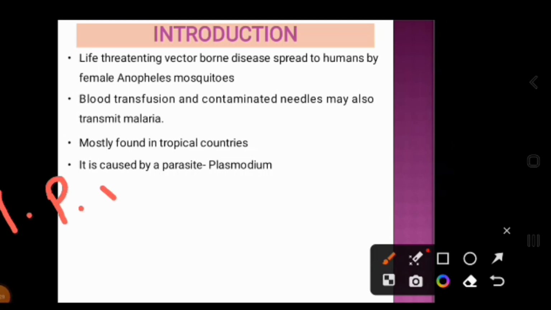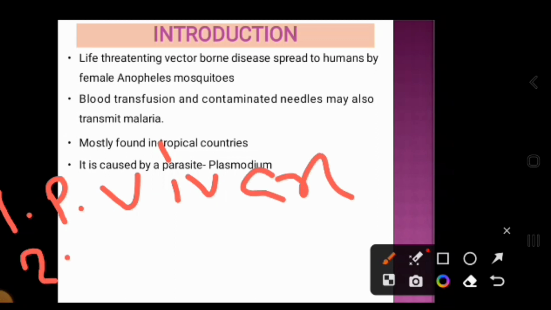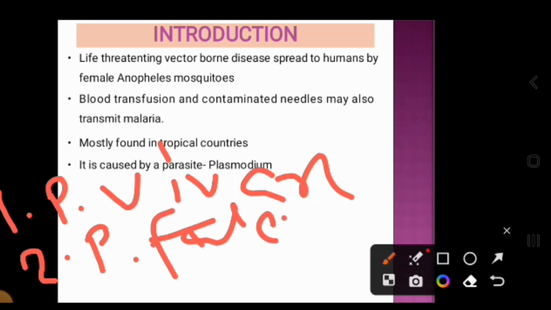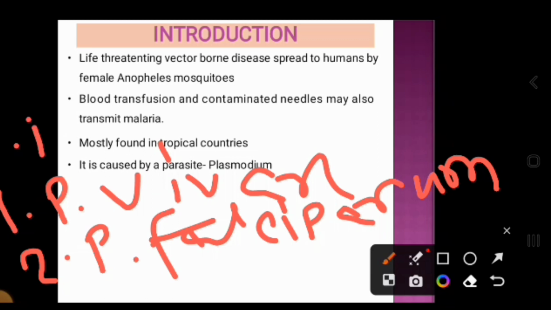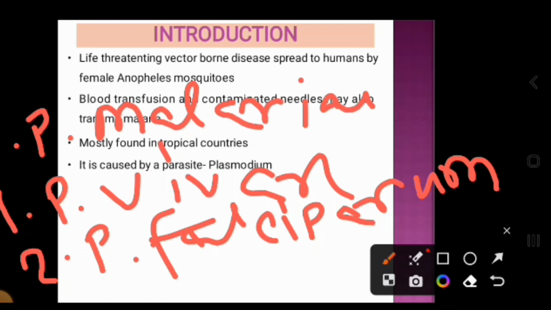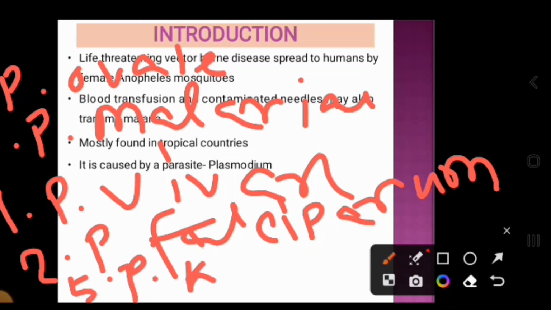These are: number 1, Plasmodium vivax; number 2, Plasmodium falciparum; number 3, Plasmodium malariae; number 4, Plasmodium ovale; and number 5, Plasmodium knowlesi.